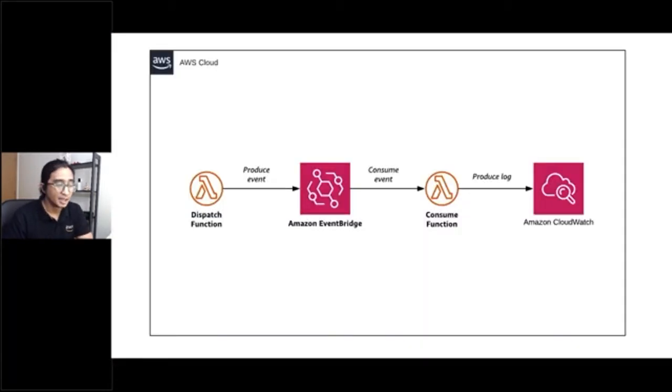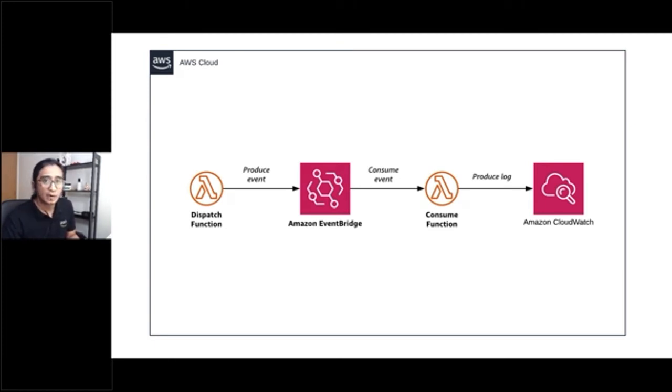Okay, so in this lab, we're going to familiarize ourselves with the basics of how to dispatch and consume events. We're going to use AWS Lambda functions as our main computing. So here's how it looks. We will create two Lambda functions. The first one is to dispatch an event, and that particular event will be sent to an event bus.